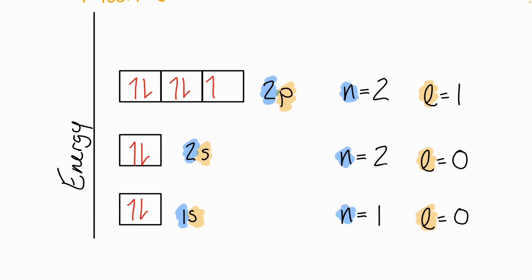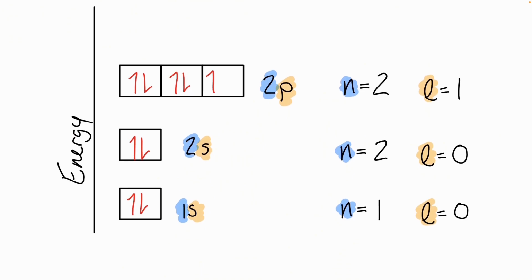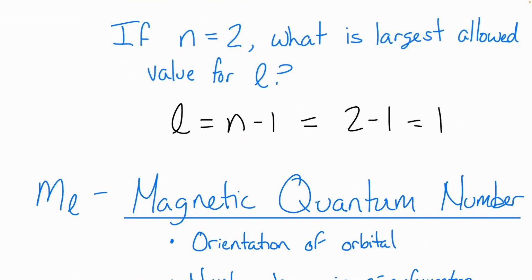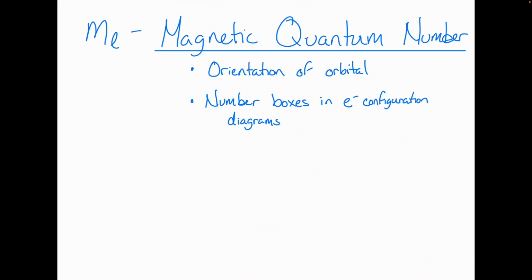All right, cool. So we see that those first two numbers specify what level we're on here. What our magnetic quantum number is going to do is point to what specific box we're talking about. What are our allowed values for the magnetic quantum number?